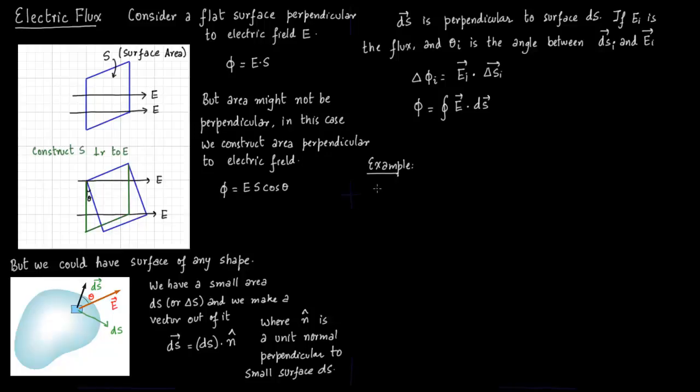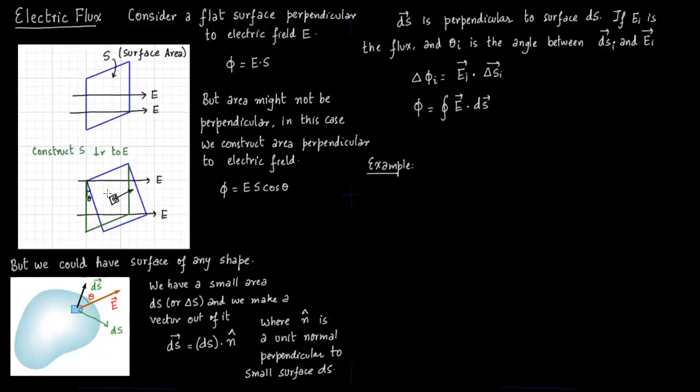So we are going to do a simple example, and this is the case 2 of the flat surface. So here in the case 2, you see the small surface area we have to choose first. So you have a small surface area which is, say, ds. Now out of this surface area ds, you make a vector ds vector which is perpendicular to the surface area.